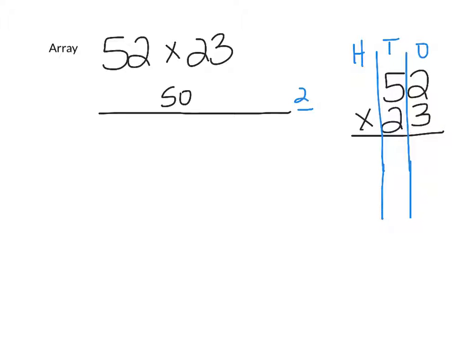And down the side, I'm going to have 20 plus 3. So then I can build out my rectangle.